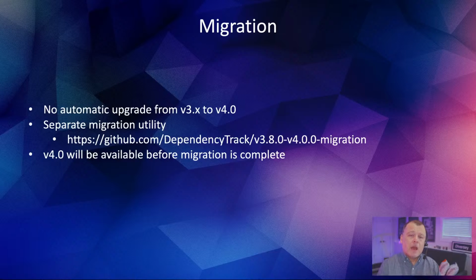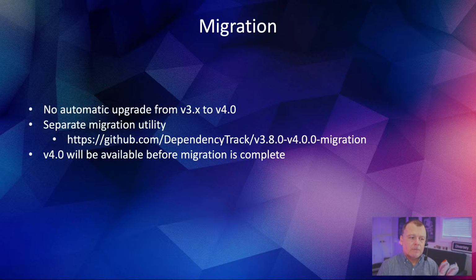Which means that 4.0 will be available before the migration is actually complete. I know it's not ideal for existing Dependency-Track adopters, but we really want to get 4.0 in the hands of more people as soon as possible.